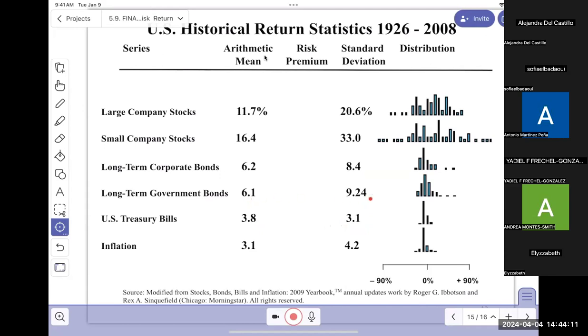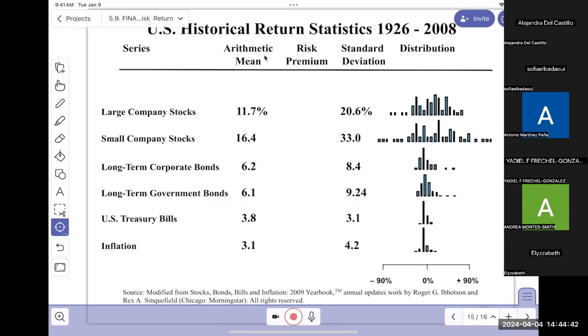But other asset classes exist, and that's because of the higher return. To take on this added risk over and above what you risk with T-bills, the volatility of T-bills, even one standard deviation, doesn't put you in the negatives, right? If you do plus and minus 3.1, but it does for the other asset classes. It's going to throw you into the possibility of a negative, and you'll do that because of the higher return.